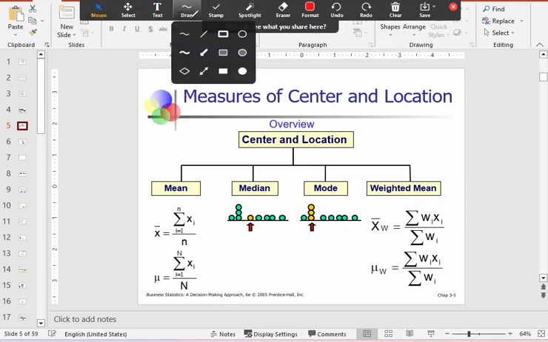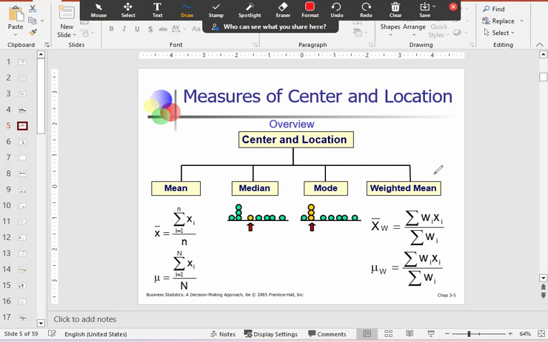Similarly, the third type, which is regularly used, is called weighted mean. It is mostly used in data which is in table form, or what statisticians call group form. So if the data is already compiled into a table form, then we use this method.